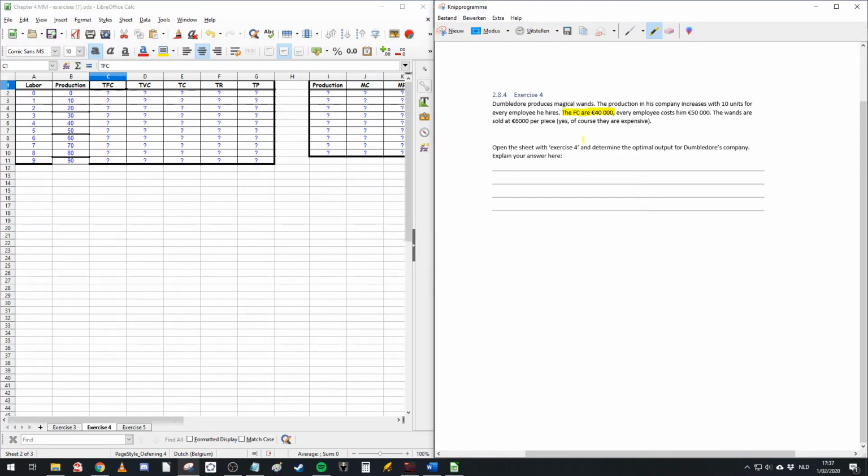You already know the fixed costs. This is the only number about fixed costs that you know. So that's why this will be 40 all the time. Of course, this is equal to that, and then I can do it like that.